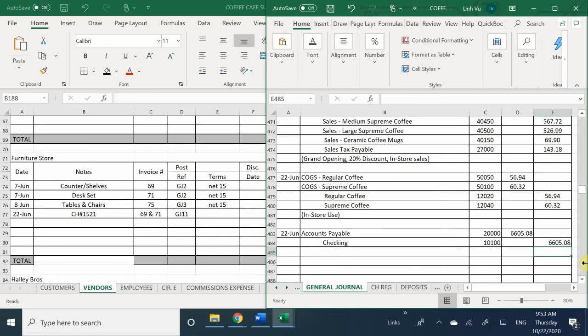There you go. Okay, and then underneath, in parentheses, we're going to put furniture store. We're going to do the invoice, which is 75.